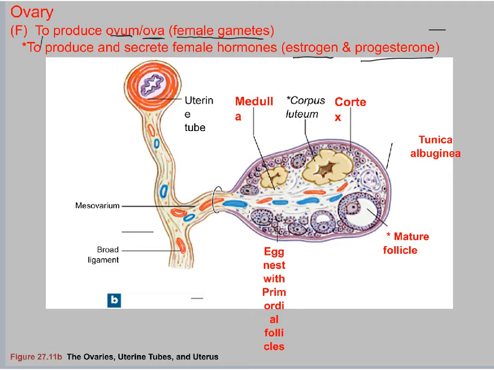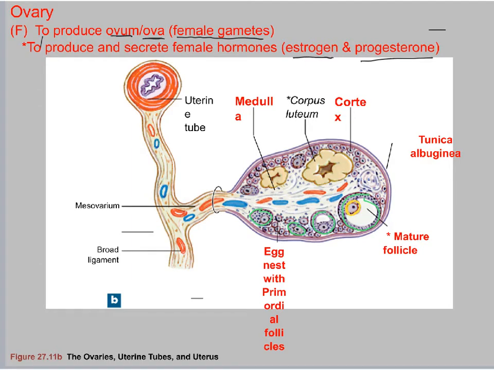But let me just show you. Let me use a different color here. I'll use green. Each of these round structures that you see is called a follicle. And inside of those follicles is where an egg cell matures, goes through meiosis.